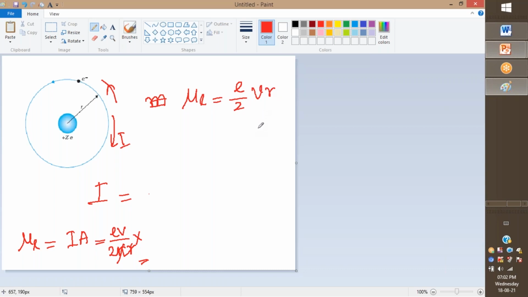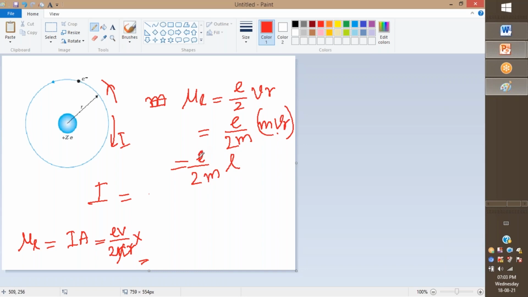If I multiply m both up and down, I'll get e by 2m into mvr. This mvr is the angular momentum, which I can write as L.